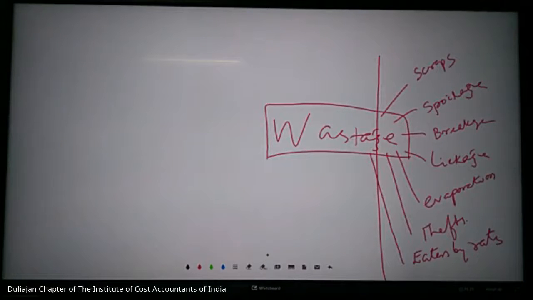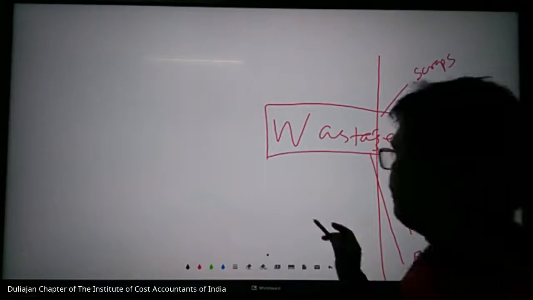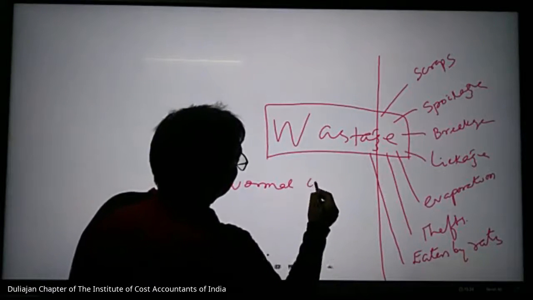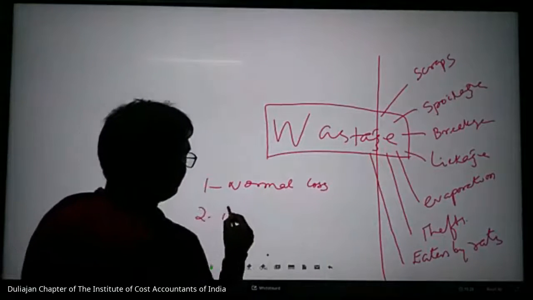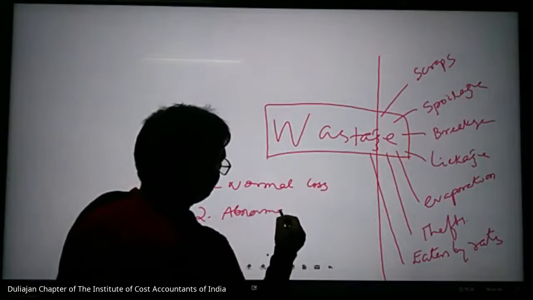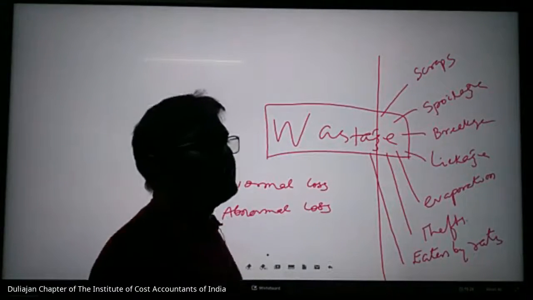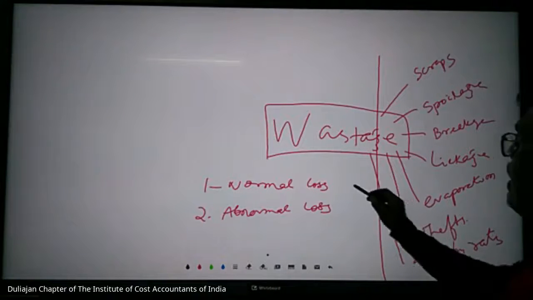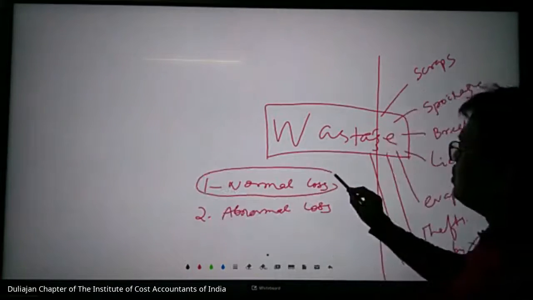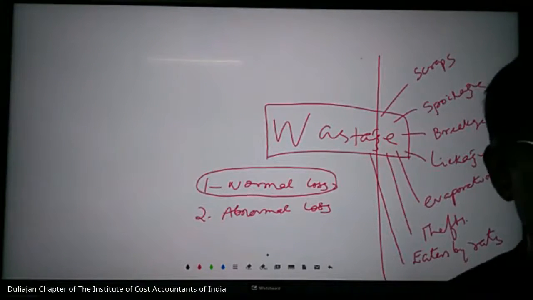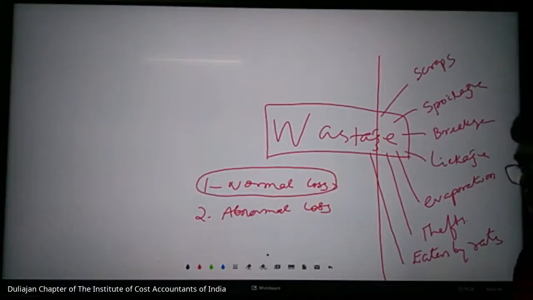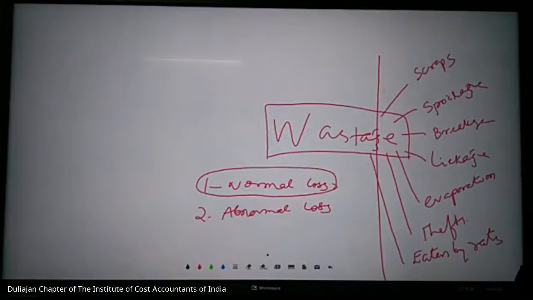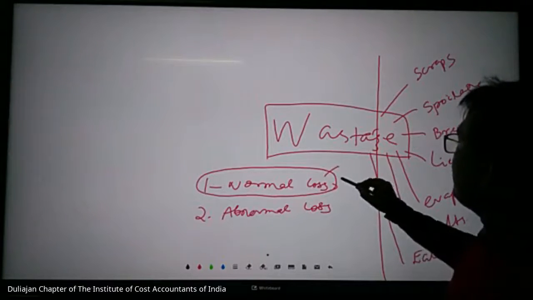So we will divide them into two categories. One is normal loss, second is your abnormal loss. The materials which are lost in the normal course of business will be my normal loss. Normal loss means certain items which we generally cannot avoid. This is unavoidable.